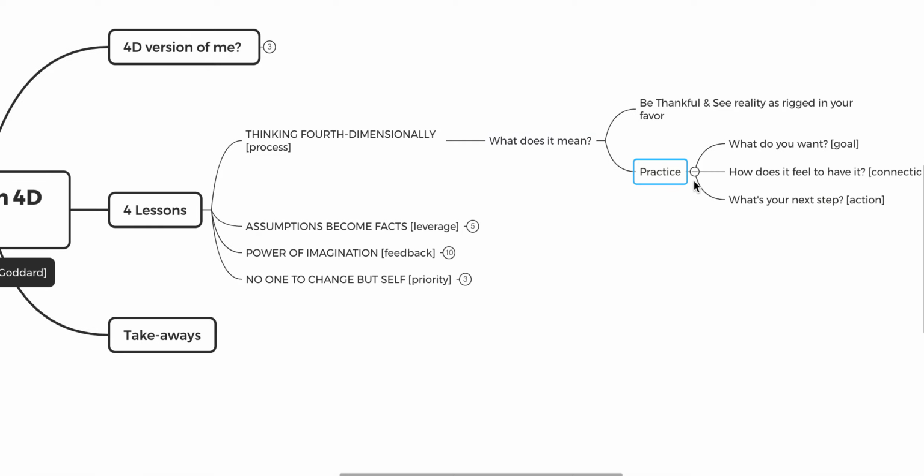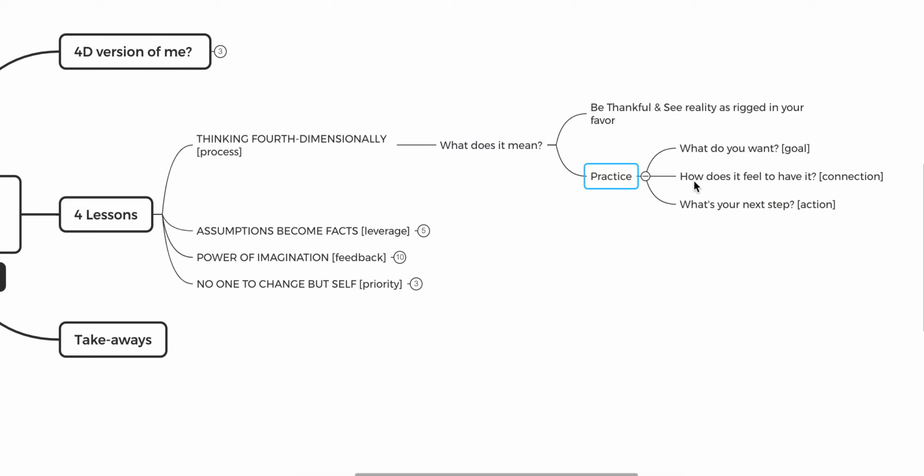So let's get practical. So what does it mean to think four-dimensionally? Well, first, you receive a desire. And if you feel that you don't have a desire, then why not ask for it and set a goal by asking your heart, what do you want? Wait for the answer.